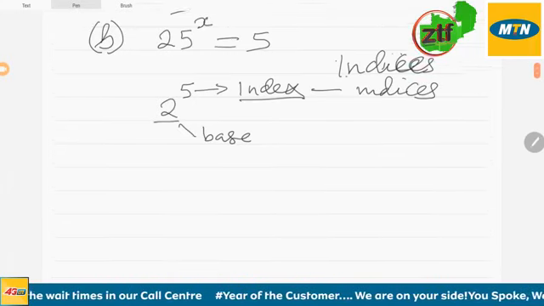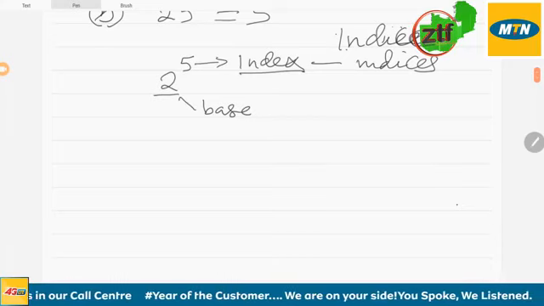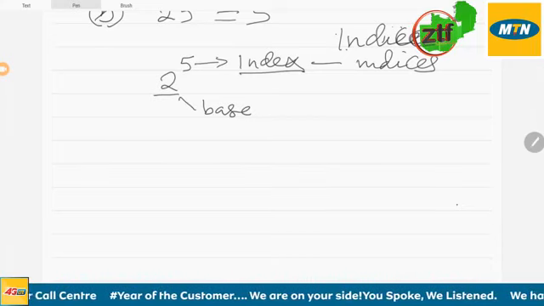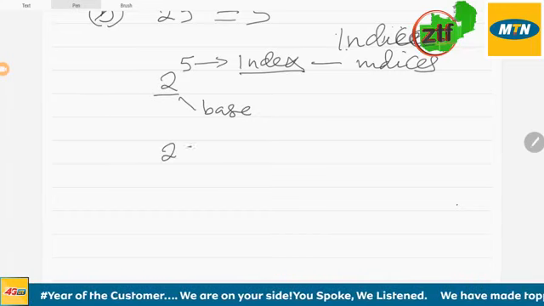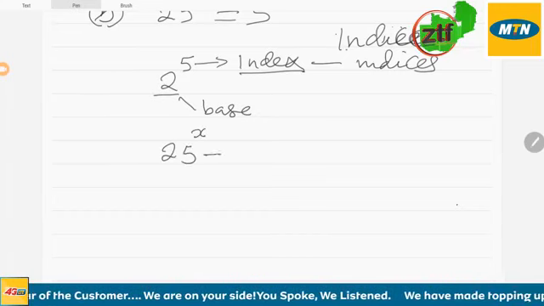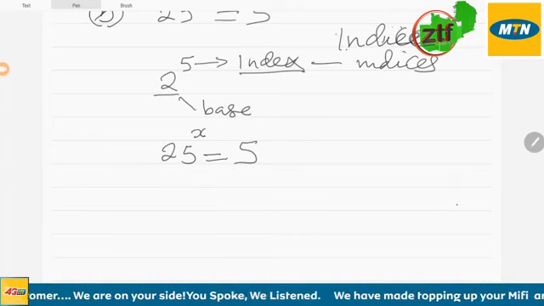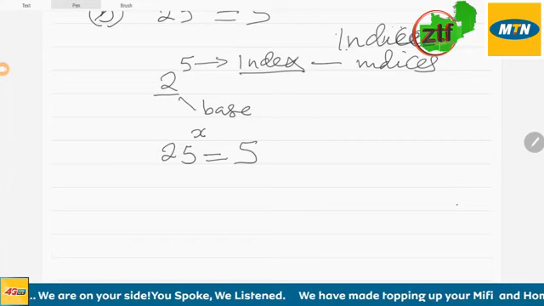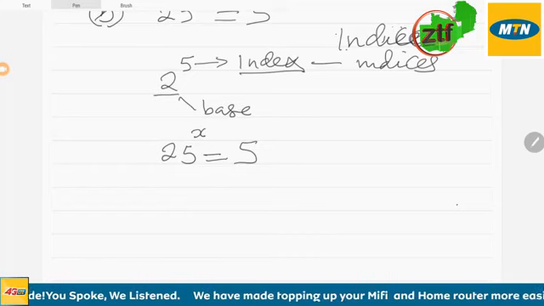So now, in this question, we are solving equations involving indices. And we have the question 25 to the power x equals 5. There are some rules of indices that we need to put into consideration, such as when multiplying powers of the same base, you add the powers.